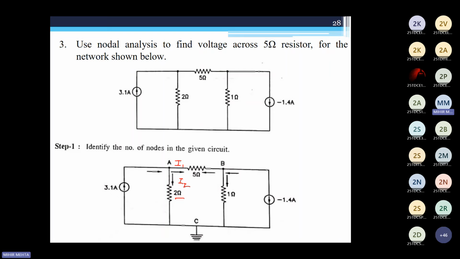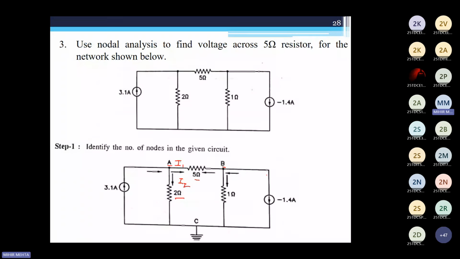So V is equal to I into R. I want I, so it would be V by R. So the same process we are following here, where VA minus VB divided by the resistance of 5 ohms would be my I1 plus VA minus VC divided by 2 ohms resistance would be my I2.